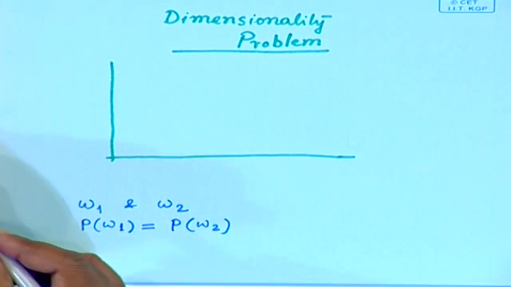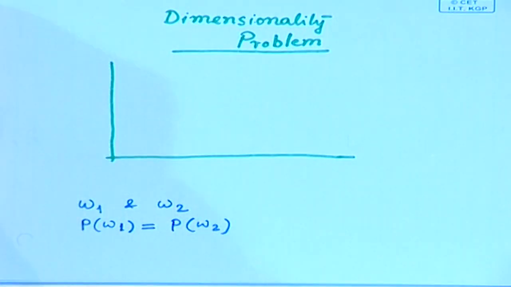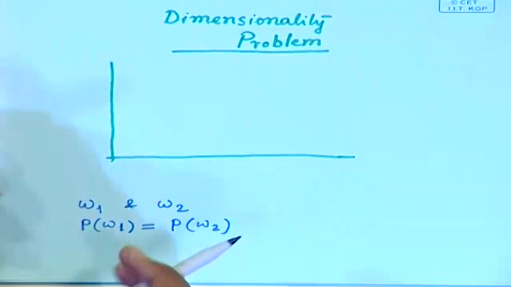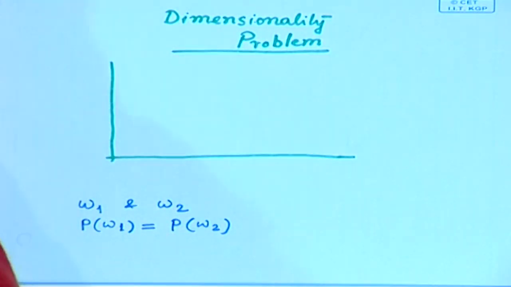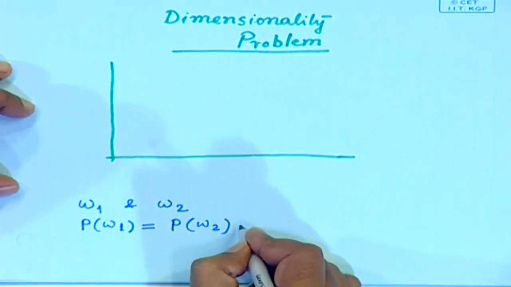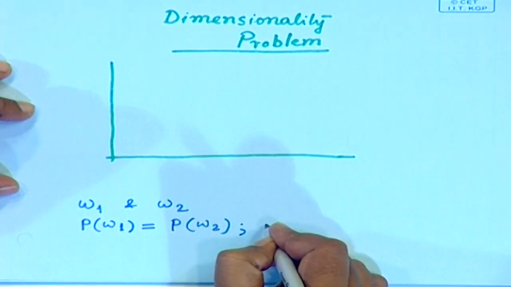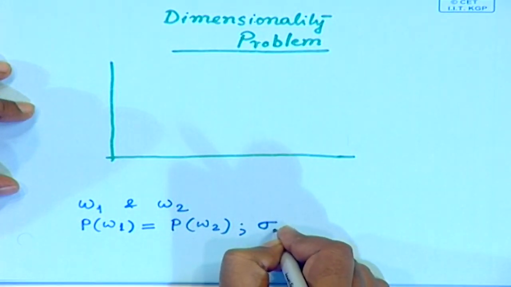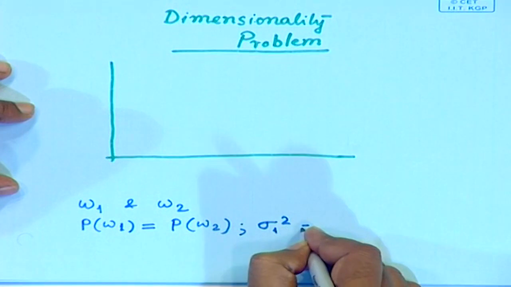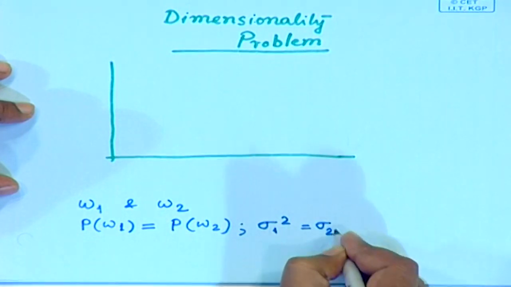By assuming this, if I plot the probability density functions for omega 1 and omega 2, let me also assume that the variances of the two classes are the same, that is, sigma 1 square is equal to sigma 2 square. So p omega 1 is equal to p omega 2, and I also assume sigma 1 square is equal to sigma 2 square for simplicity.